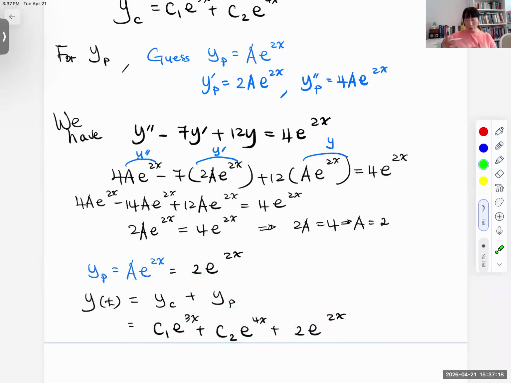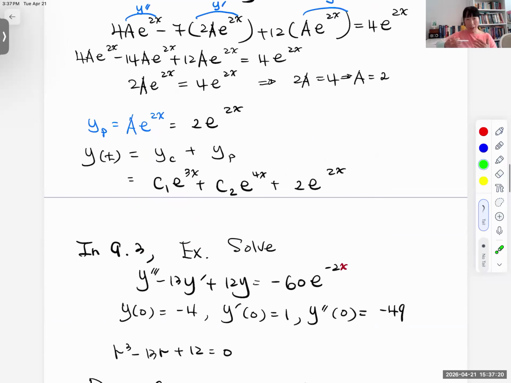Now let's do a real problem in section 9.3. So we just add one more derivative, so a higher derivative, a higher order equation.